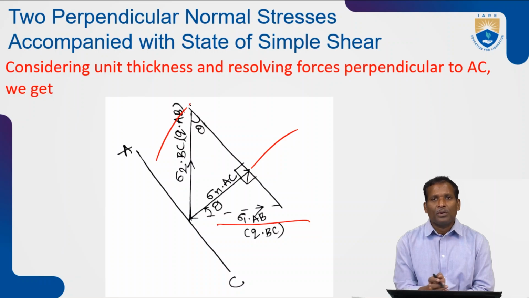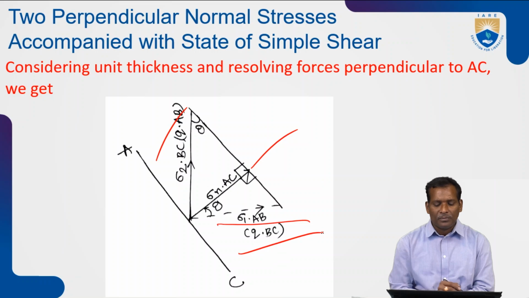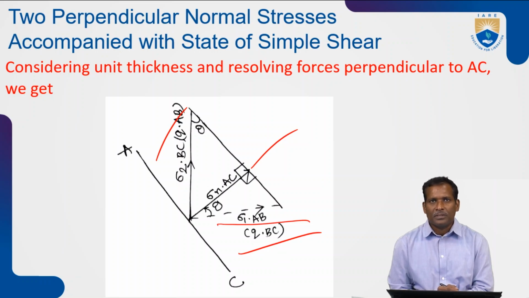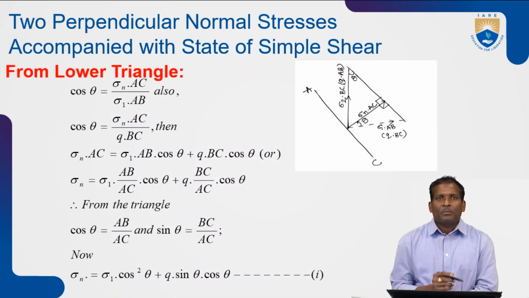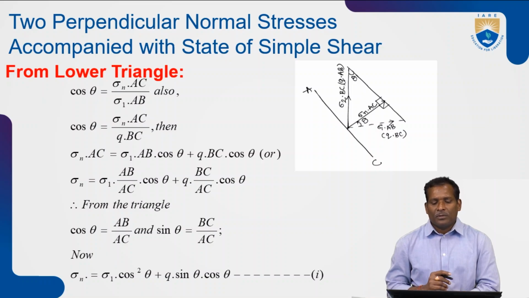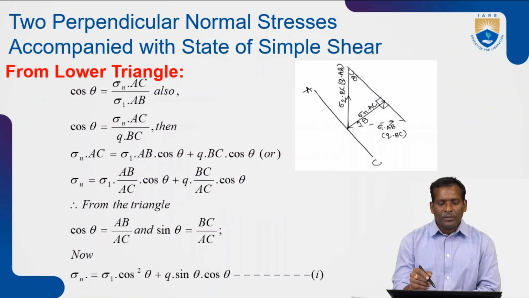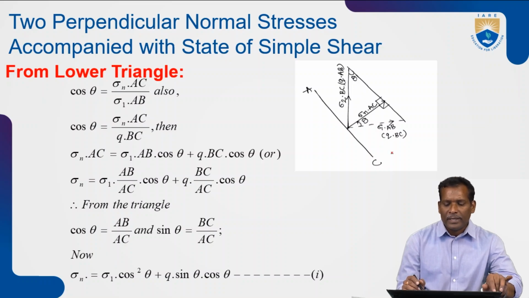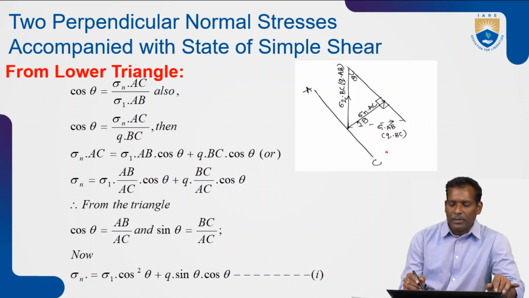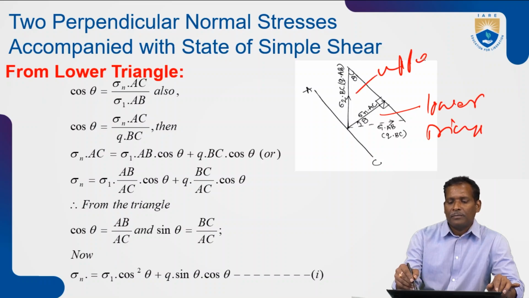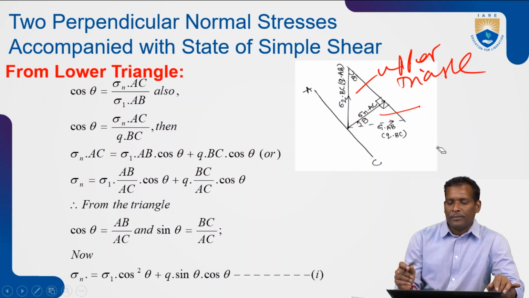So this force is resolved into two components, that is QAB and QBC in terms of shear stress. From lower triangle, so take this lower triangle, the cos theta is equal to sigma n AC by sigma 1 AB. So this is the lower triangle, this is the upper triangle.